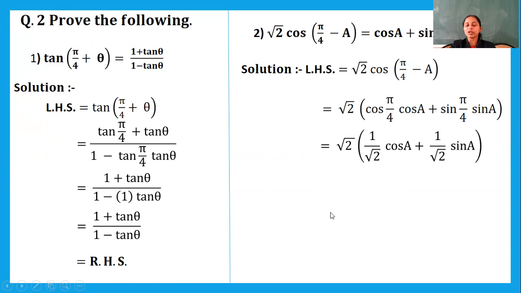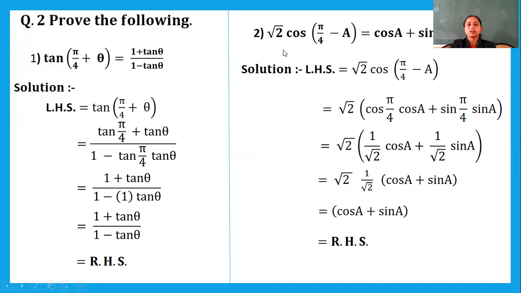Now 1/√2, 1/√2 take common. So I have here √2 into 1/√2 (cos A + sin A), and now √2 gets cancelled. So cos A + sin A remaining here, and this is the RHS. This is the proof of this second question.